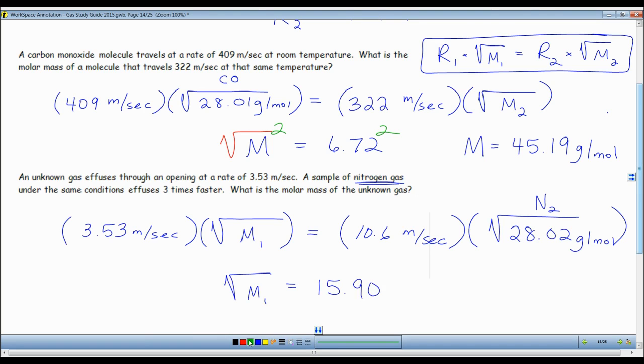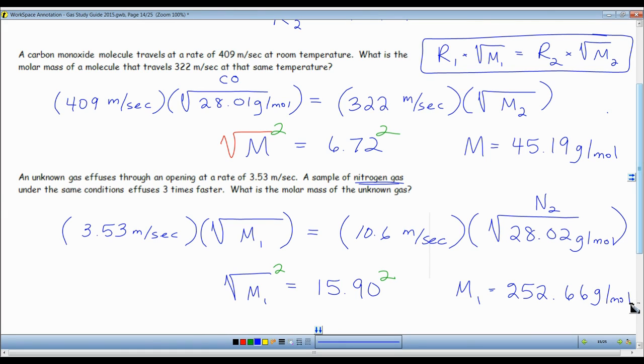But to get the true molar mass, I need to get rid of that square root. So I need to square both sides. Not a big deal. M1 is about, oh boy, 252. And if I'm going 2 decimal spots on my molar mass, like 66 grams per mole.